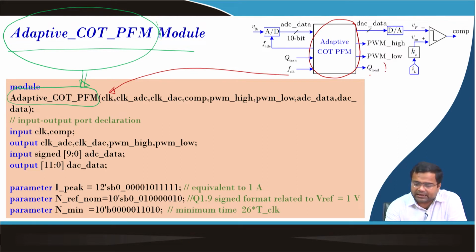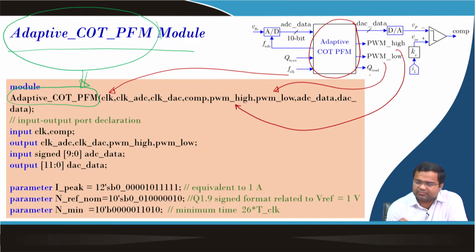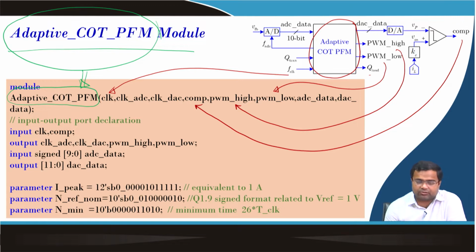Then here Q low, this is your PWM Q low, then Q high is here, PWM high, and the analog comparator is here, you can see this is the comparator output. Then you also have a clock, actually that will be here, a DAC clock.